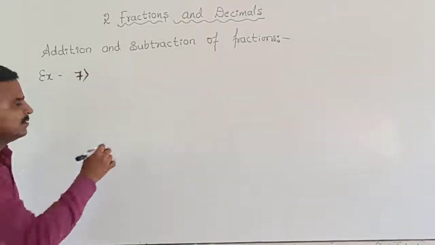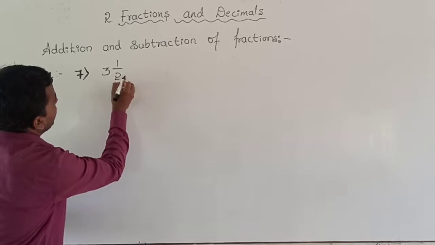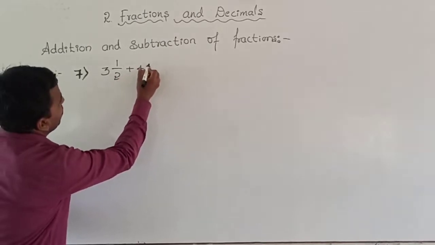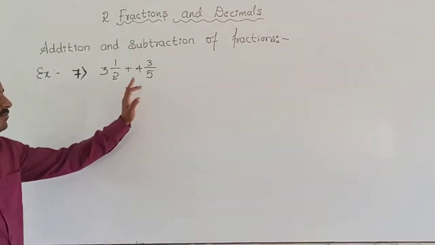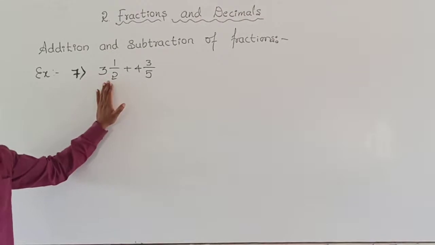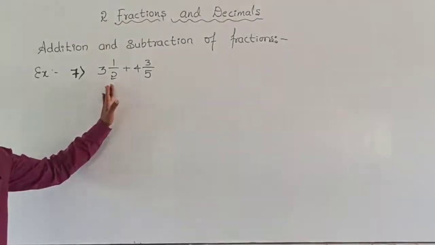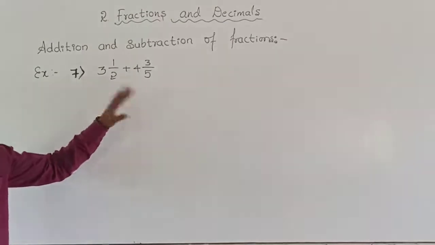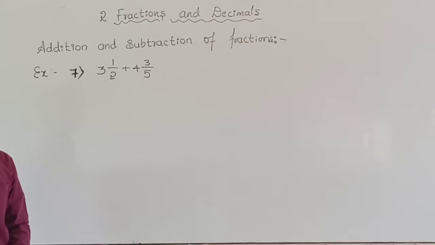Seventh one: 3 whole 1 by 2 plus 4 whole 3 by 5. Now this is the addition of mixed fractions. First you should convert these mixed fractions to improper. Already you know how to solve this one; you learned how to convert from mixed to improper in 6th standard.